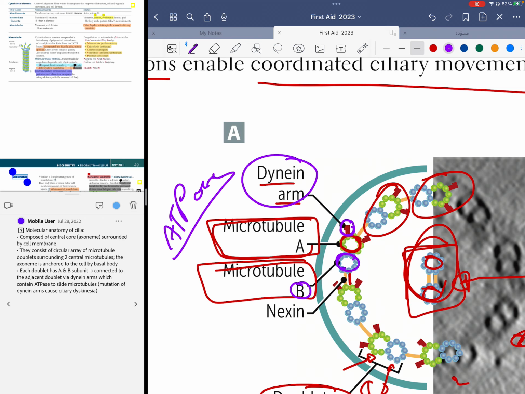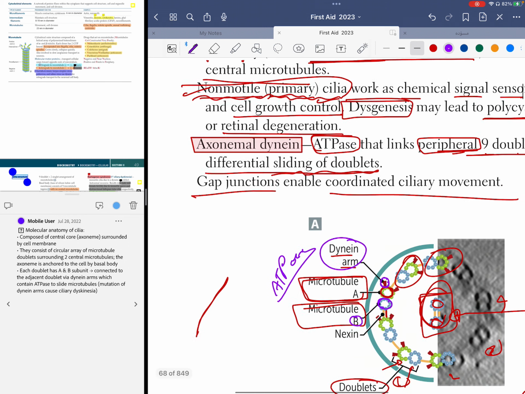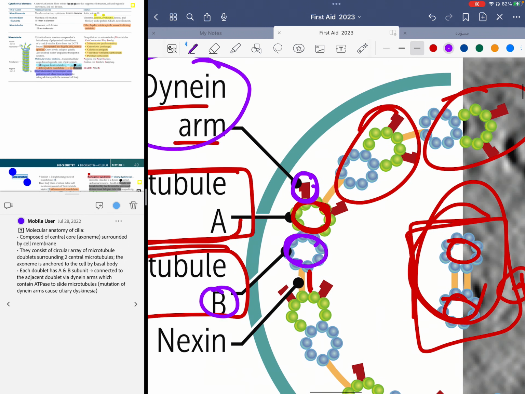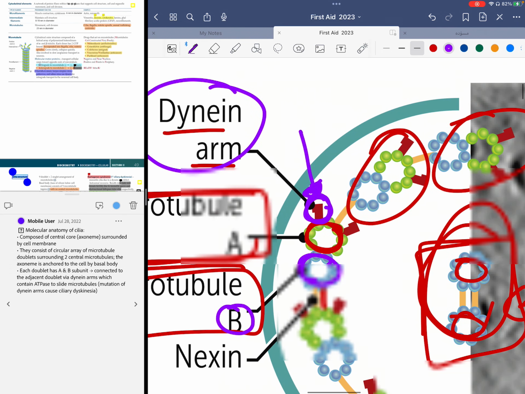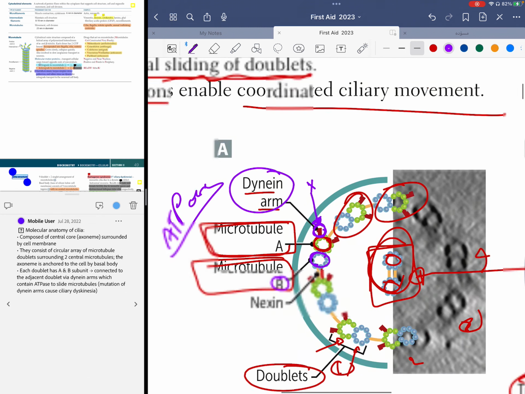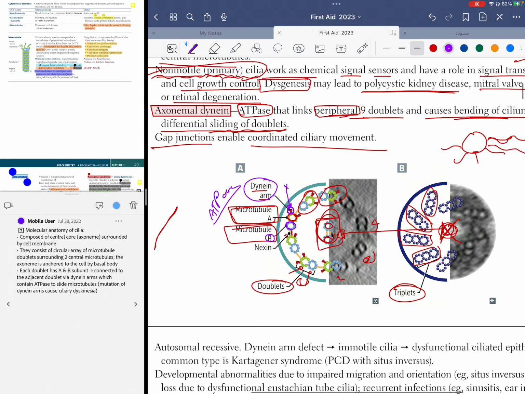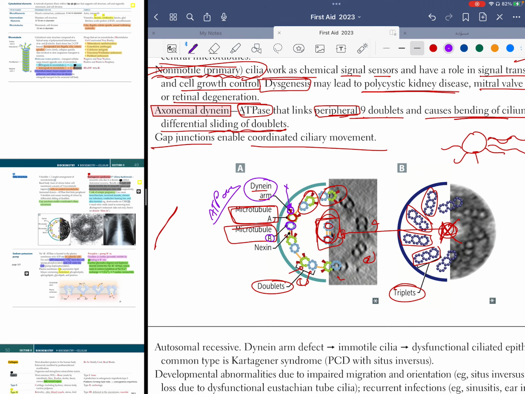So if we have a problem with this enzyme, the ATPase, or a mutation with the dynein arms that have the ATPase, then we may have ciliary dyskinesia. That is the inability to move the cilia properly, just like what happens with someone who has a problem in their lungs, where the cilia cannot move to expel the mucus or whatever needs to go out.